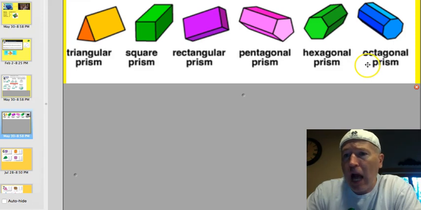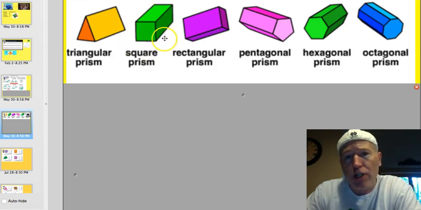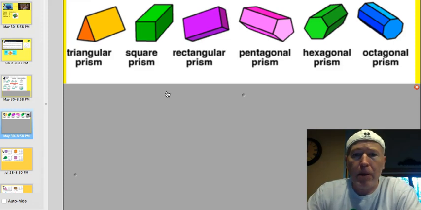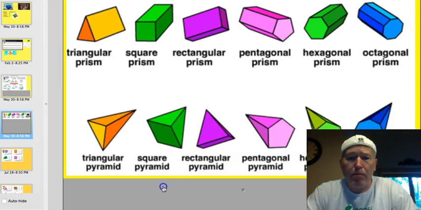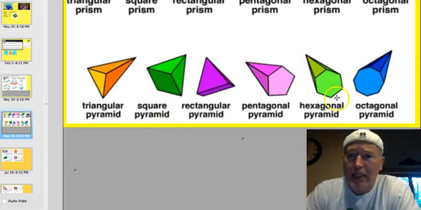And so you've got octagonal prisms, hexagonal, pentagonal, rectangular. The square prism here, I think I stretched it a little too much when I put the image in. I'm sorry about that. But we name them by our bases. And the same thing with pyramids. We name them by our bases too. We'll start down here with an octagonal pyramid.